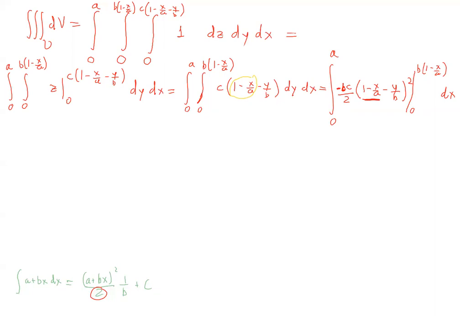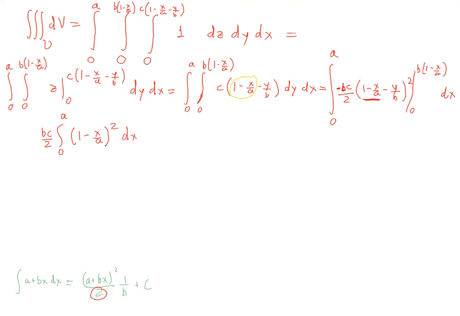So the only interesting thing that you get is when you plug in 0, where you get simply 1 minus x over a. And that sign that you have in front is going to also disappear. So you're going to have the integral from 0 to a. And let me take those two things out. bc over 2 times 1 minus x over a squared. That's what we get, dx.